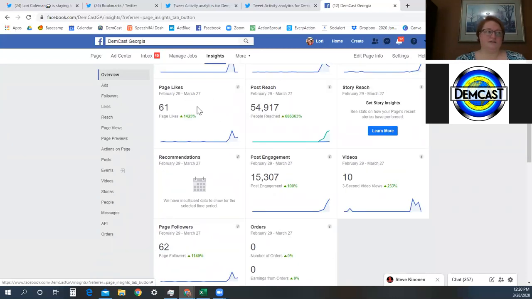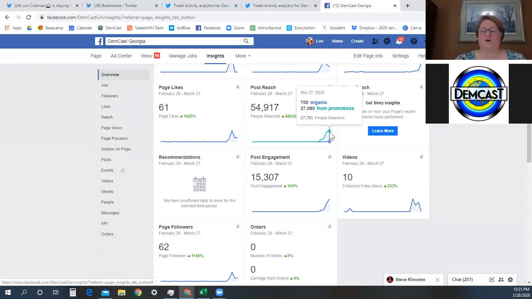Page likes, that's showing an increase. Post reach. And you can see we ran a very popular ad on this page. And so that has made the engagement, the post reach, really jump up.